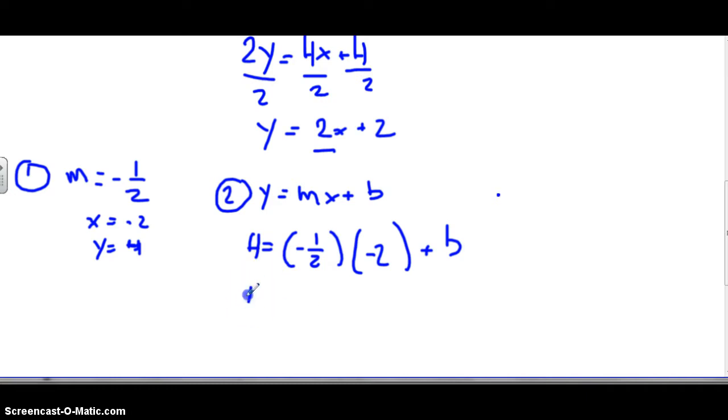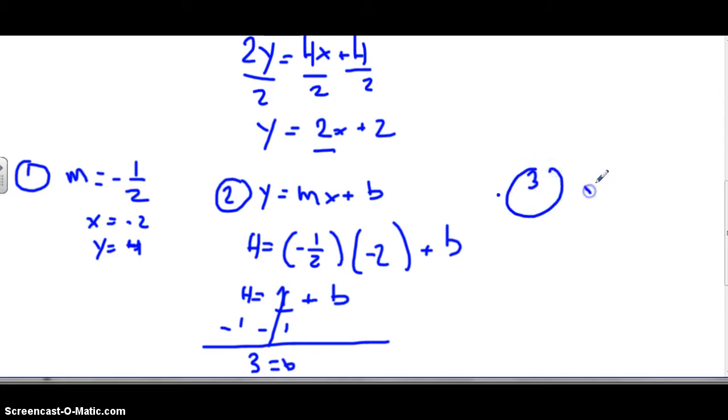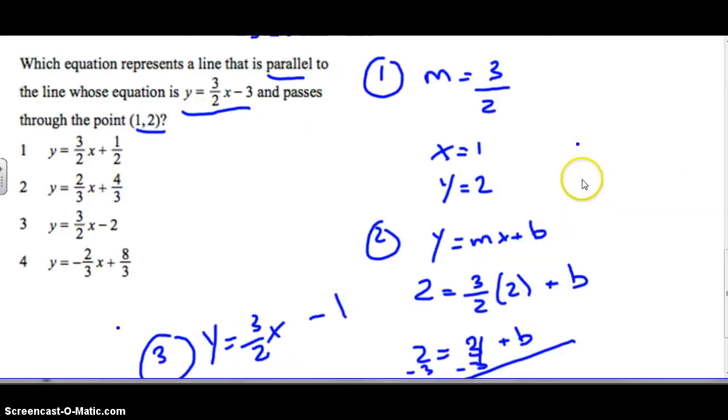So -2 times -1/2, if I put that in the calculator, gives me 1 plus b. I subtract 1 from both sides. This cancels, and I get 3 is equal to b. So finally, to write my equation, it's just y equals, I plug in my m, which is -1/2 x plus 3. And that is how it is done.